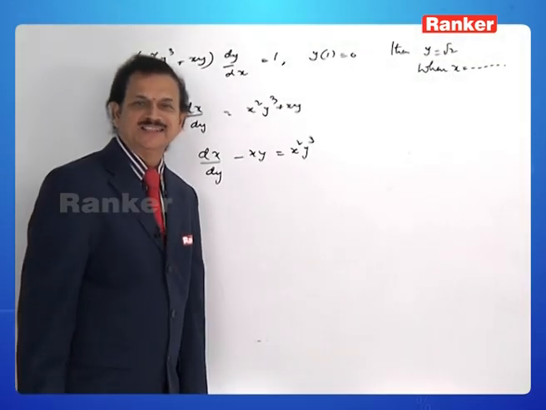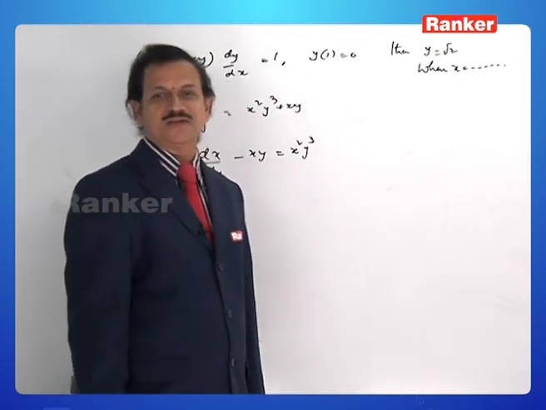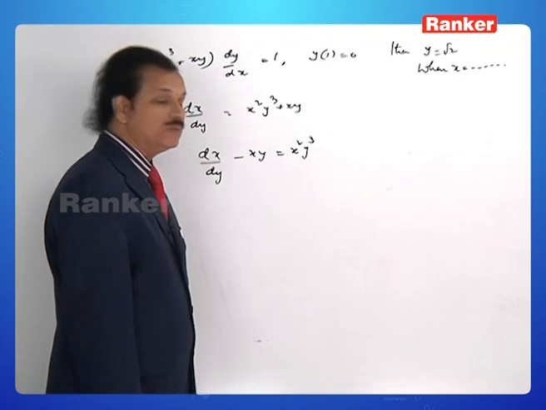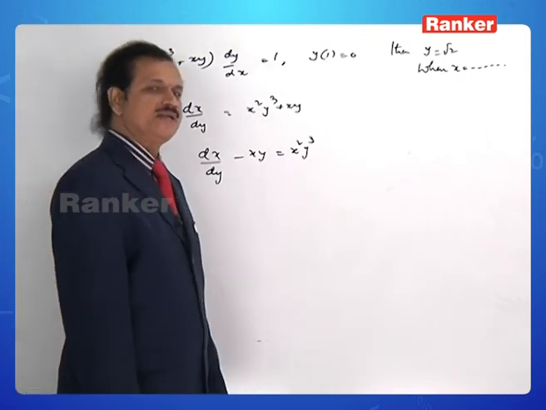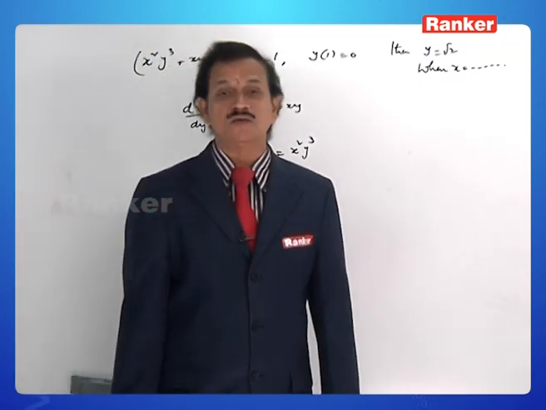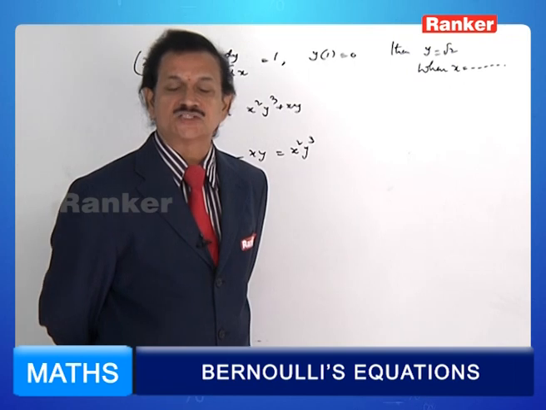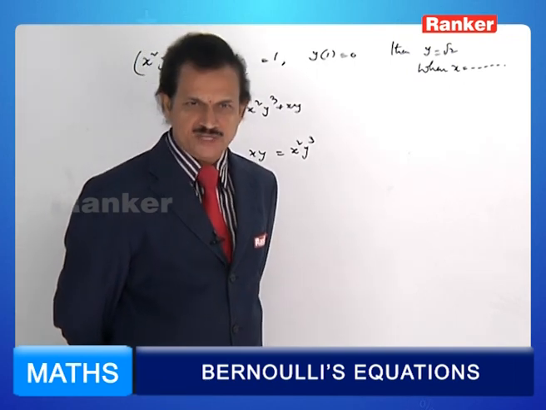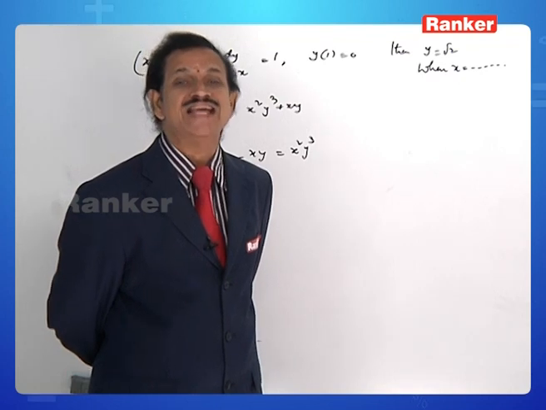Come on, dear. This is Bernoulli in x because we could have started with the dx by dy. Come on, recollect the standard form of that differential equation which is Bernoulli form in x.